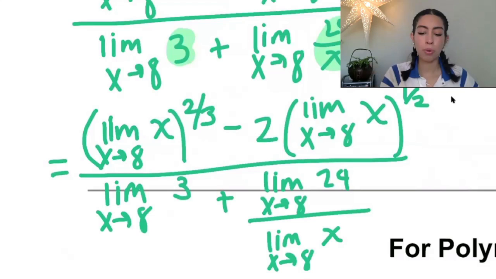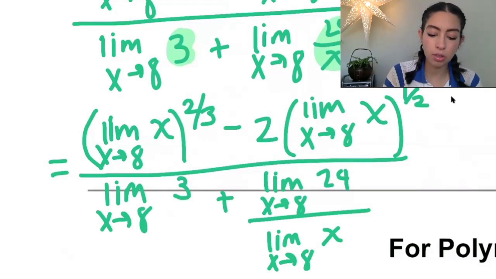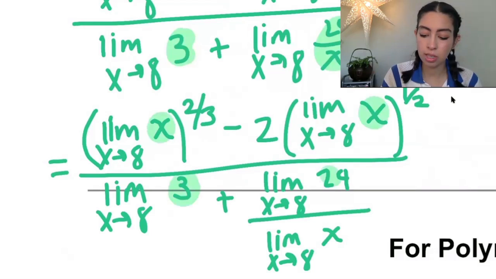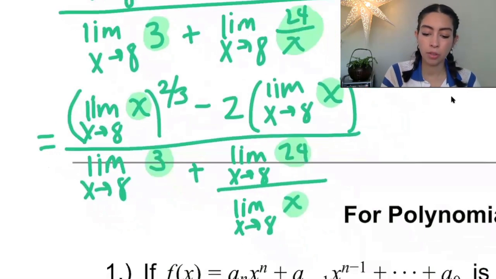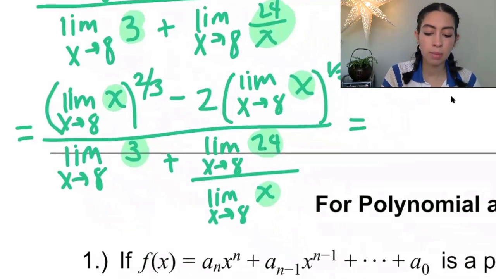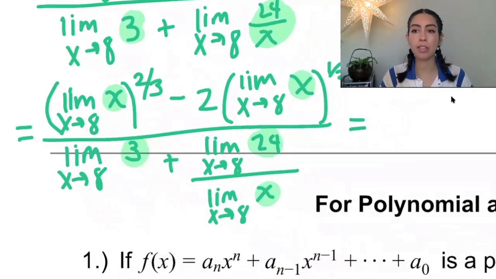So at this point, you can see that we've simplified down to those 2 basic theorems that we started the notes with, which is the first one here, the limit as x approaches 8 of x.